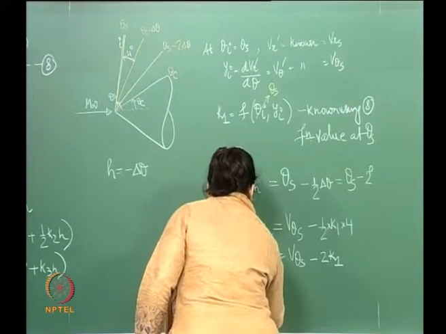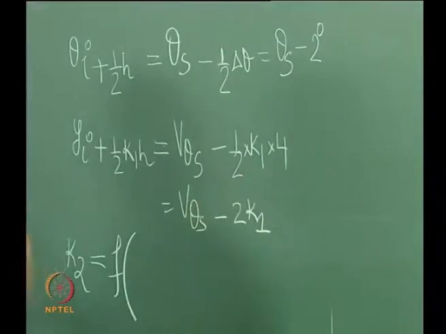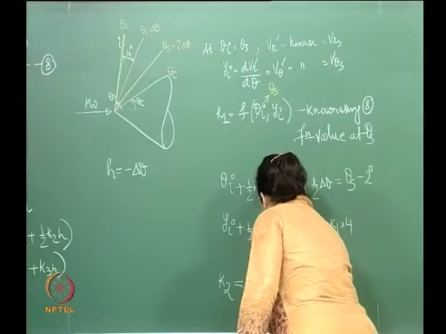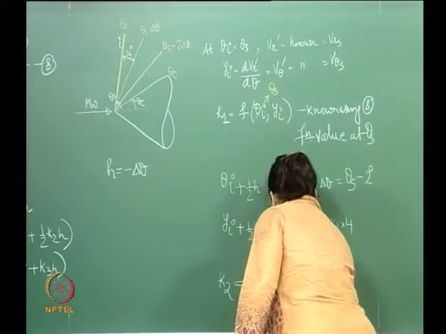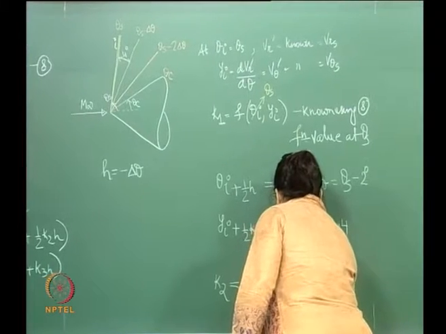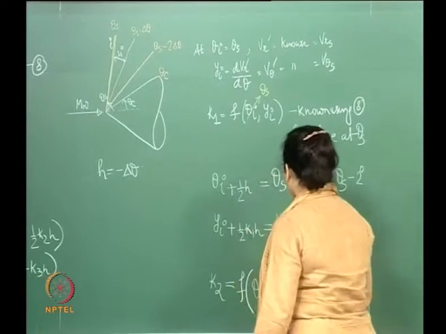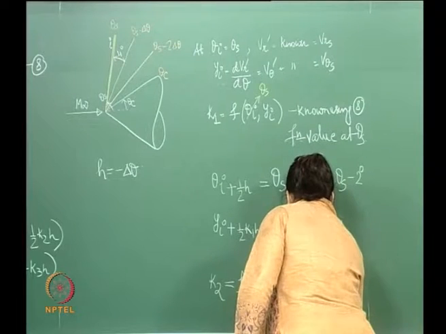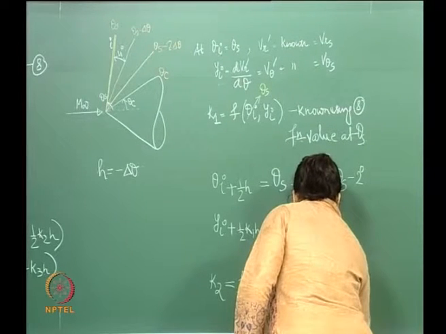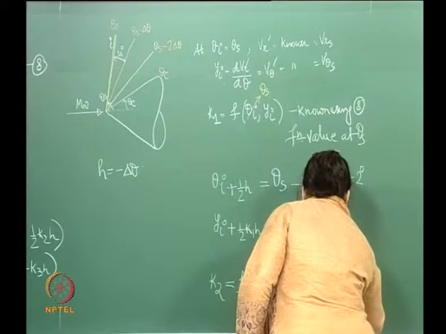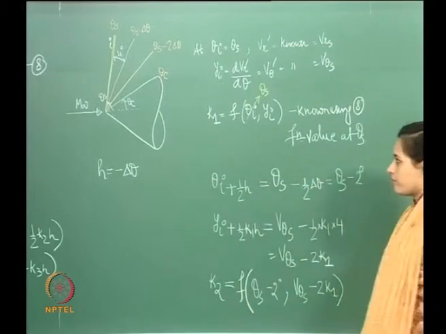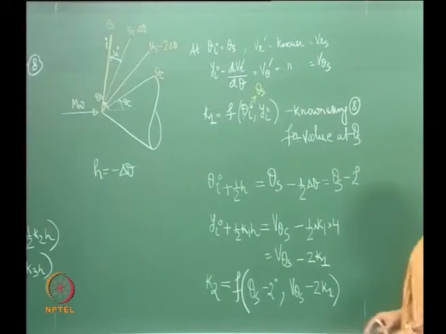So for k 2 we need the function at theta s minus 2 degrees, and the y value. Okay. Does that make sense?